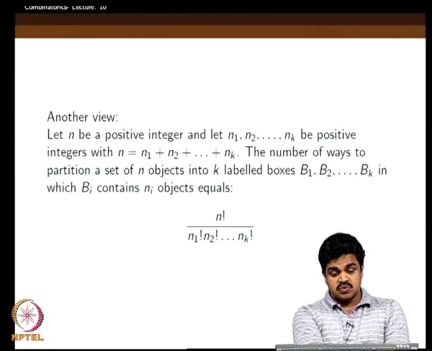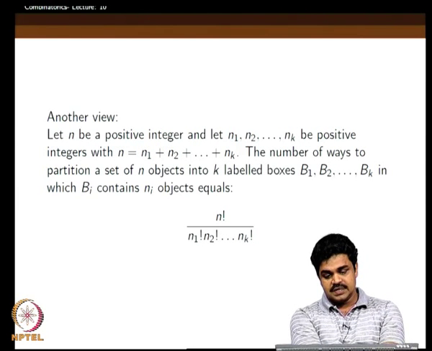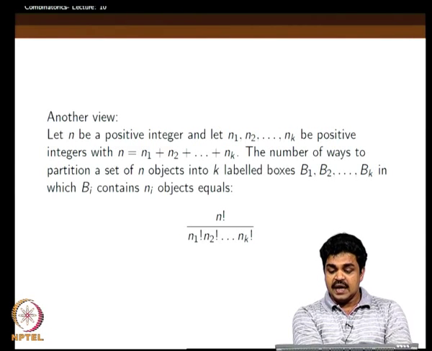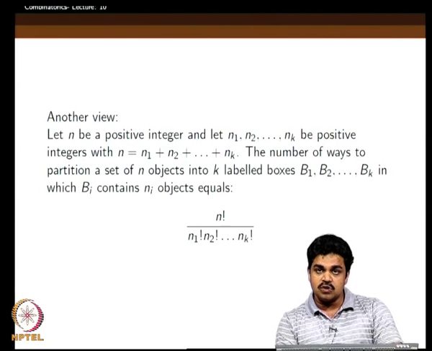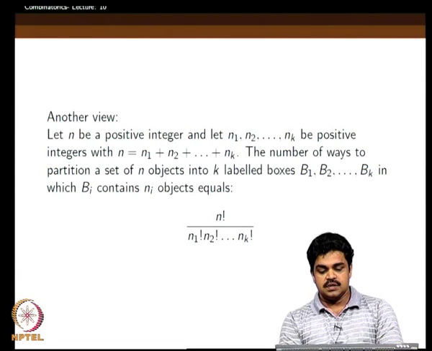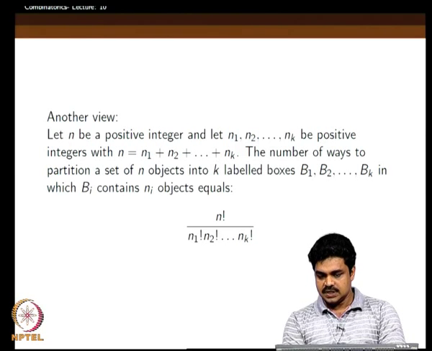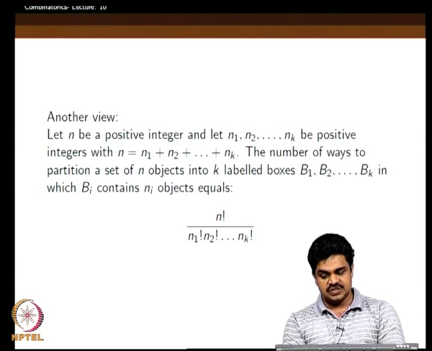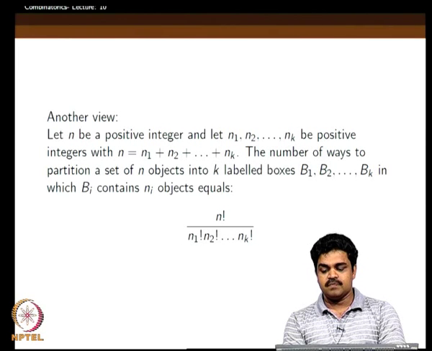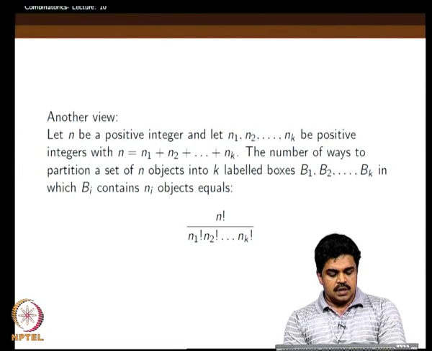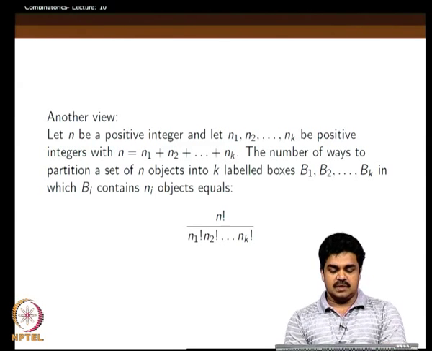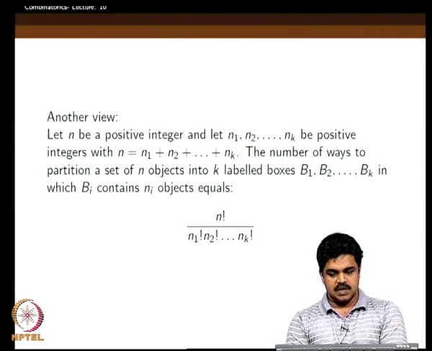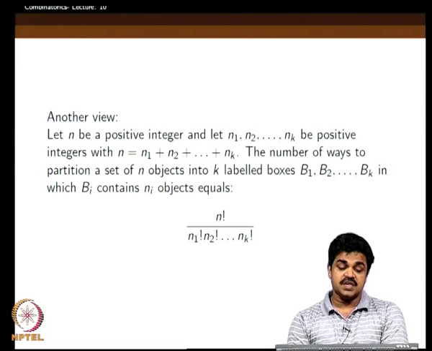These n objects are now different objects, maybe distinguishable objects, and we want to place them in k labeled boxes, which means the boxes are also distinguishable. For instance, you can see the boxes have a number on them, or maybe the boxes are of different colors, so we can immediately distinguish one box from another. So, the boxes are B1, B2, up to Bk, but the restriction is that after you distribute them, the ith box should contain ni objects.